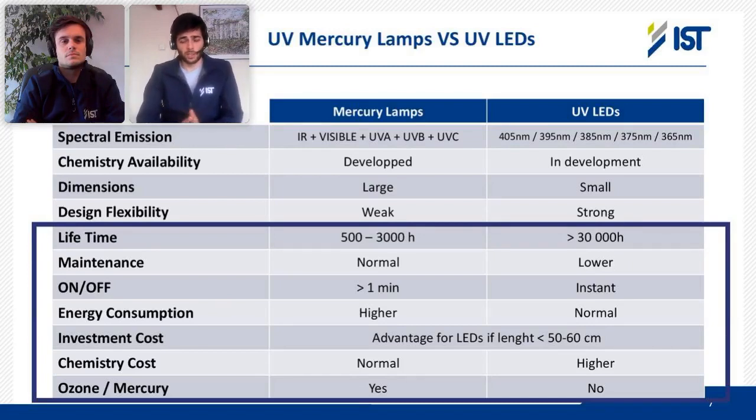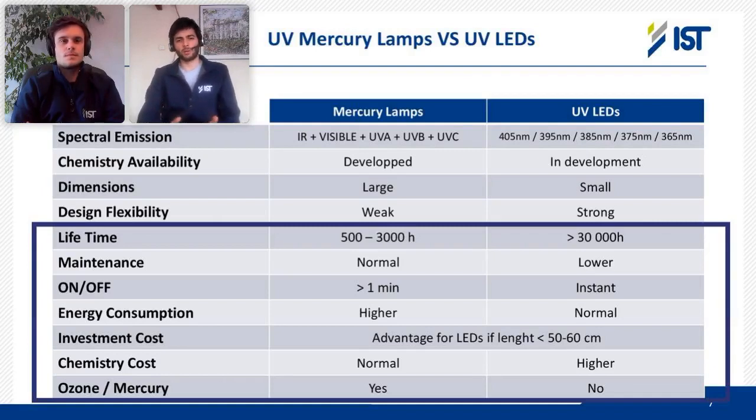UV LEDs are instant on and off, whereas with mercury lamps, you have to wait for the warm up and the cool down. Then the consumption, of course: UV LEDs consume really less than mercury lamps. Normally, for the system, it's around 50 to 70% less consumption for UV LEDs.